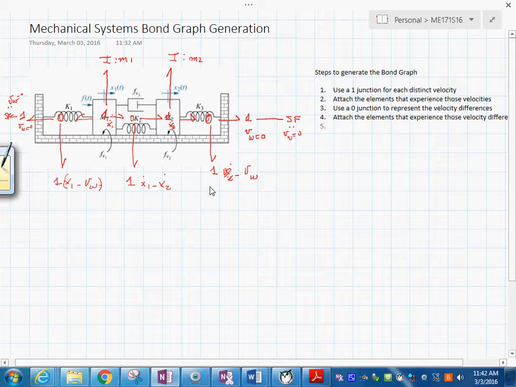And then we have this, you have the damper as well as the spring. So you have the damper, which is R with value fb sub 3, and then you have the C element, which has the value 1 over k sub 2.